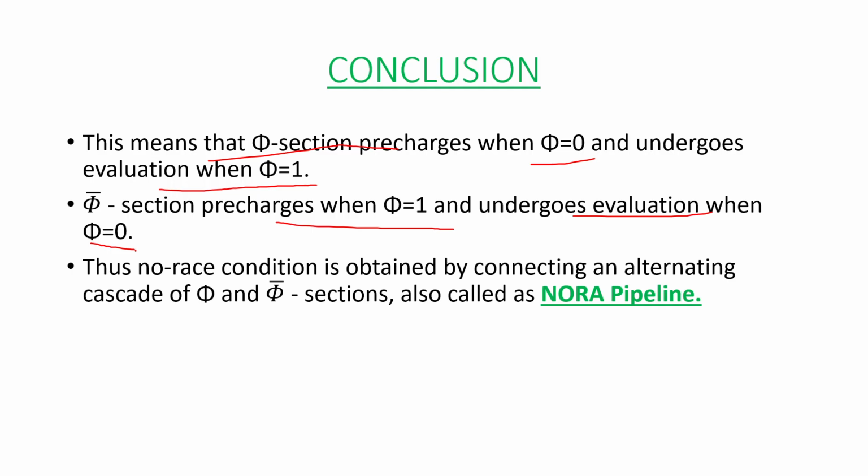Thus when phi section is pre-charging, the phi bar section is undergoing evaluation, and when phi section is undergoing evaluation, the phi bar section is undergoing the pre-charge state. So thus we can obtain a no race condition by connecting an alternating cascade of phi and phi bar sections. That is also called as a NORA pipeline.